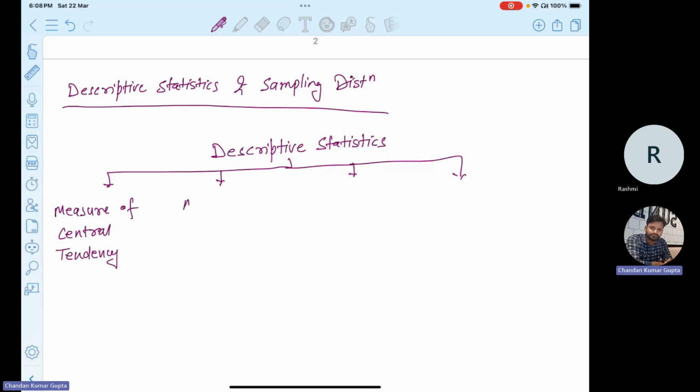The second is measure of dispersion. The third one is measure of skewness. And the last one is measure of kurtosis.